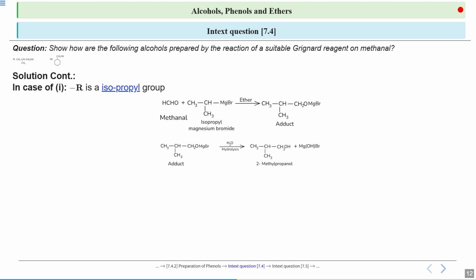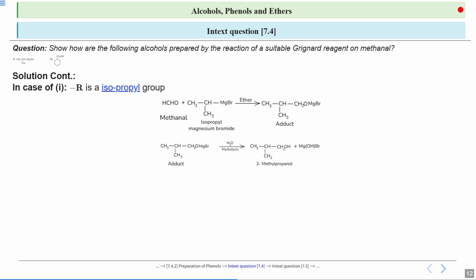So we are showing that when the methanol reacts with that suitable Grignard reagent, which is isopropyl magnesium bromide here in the case of the first part, in the presence of ether, you will get an adduct which is CH3 CH3 CH CH2OMgBr. Then the second step of the reaction involves the adduct hydrolysis.